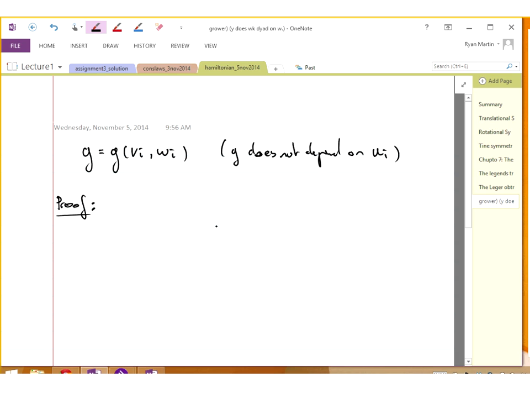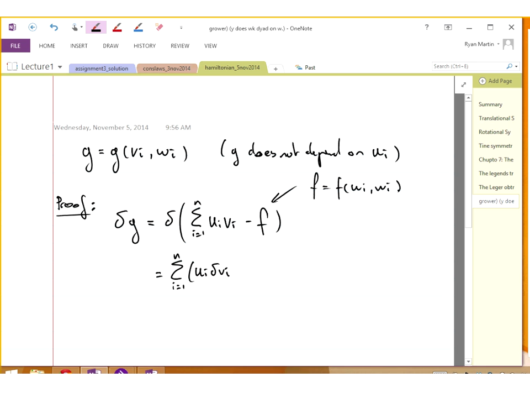So consider delta G. So that's delta of our definition, the sum from i equals 1 to n of ui vi minus f. Right. So that's equal to, if I work on the first term, the sum from i equals 1 to n of, just apply the product rule. So I have ui delta vi plus vi delta ui.